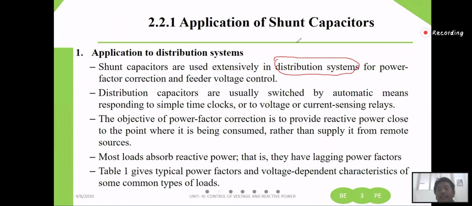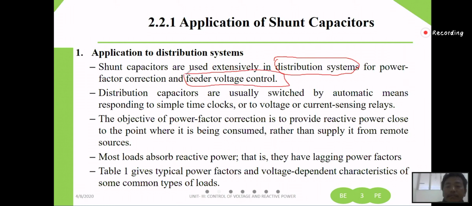Basically, this shunt capacitor is used in the distribution system for two purposes. One is power factor correction. You know how to correct that; you might even have solved a numerical example on controlling power factor. The other one is feeder voltage control.